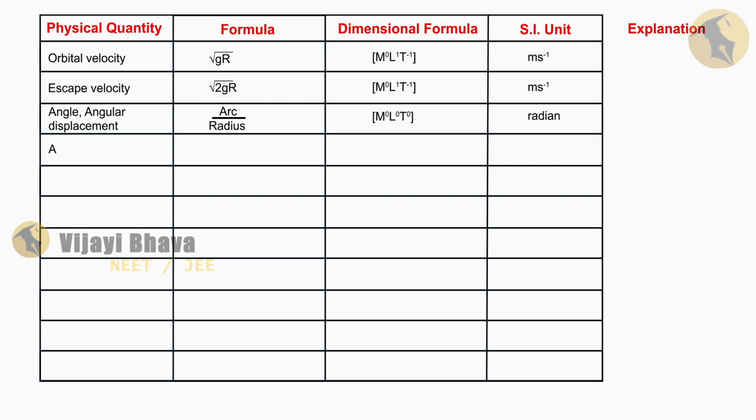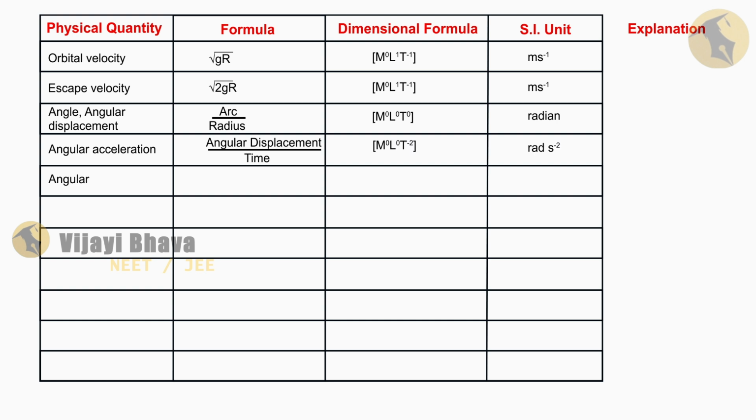The next one, angular acceleration. Angular acceleration is angular velocity by time. Angular displacement does not have any dimensions, and time square has a dimension T2. When this comes to the numerator, the overall dimensional formula for angular acceleration will be M0 L0 T minus 2.